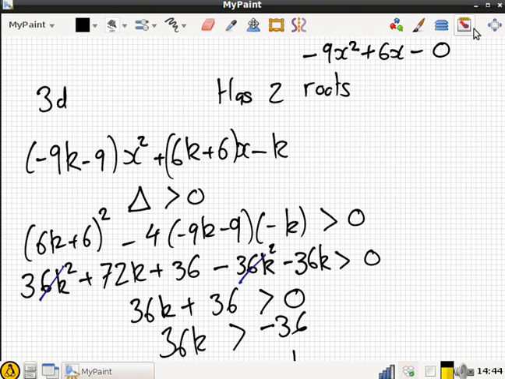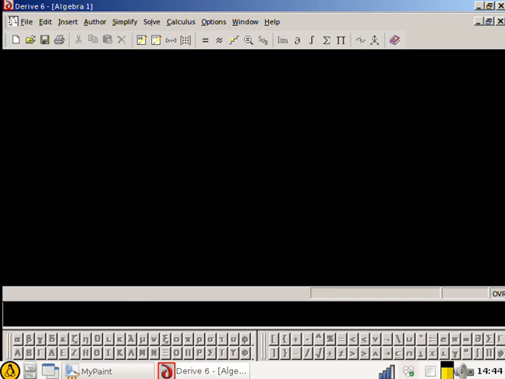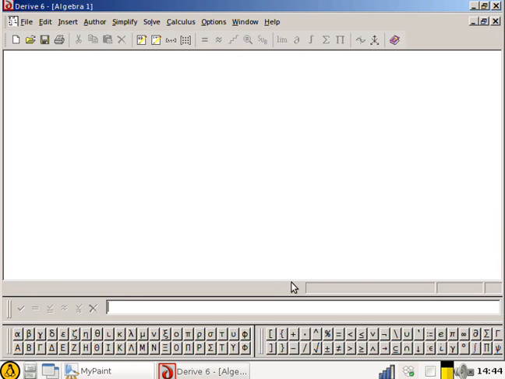So what I'm going to do is draw different graphs for different values of k, and you can see how the number of roots change. Can you read out the equation, please?